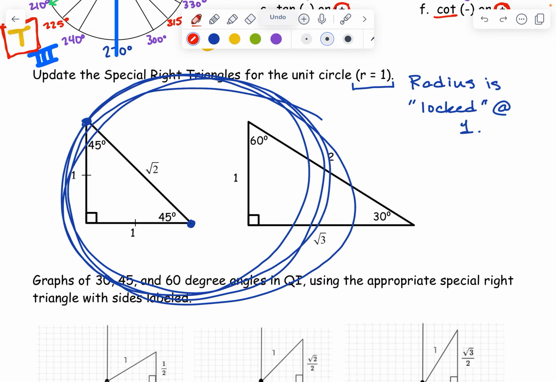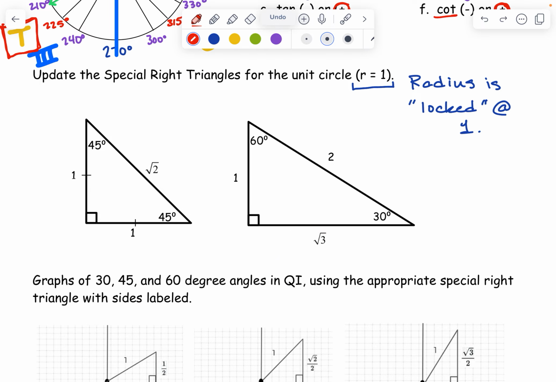I know that's very ugly, but the hypotenuse is the radius. And the radius is locked at 1. So that means we need to do something to this hypotenuse to make it equal 1.